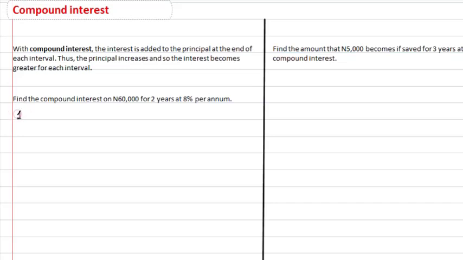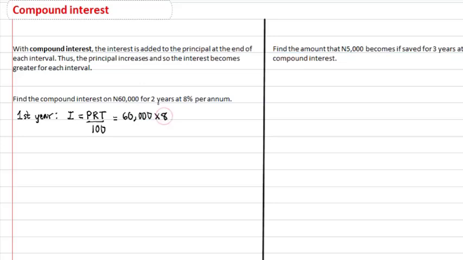So for the first year, remember our formula: I equals PRT over 100. Our P now, we start with 60,000, times our rate, which is 8, times our time.